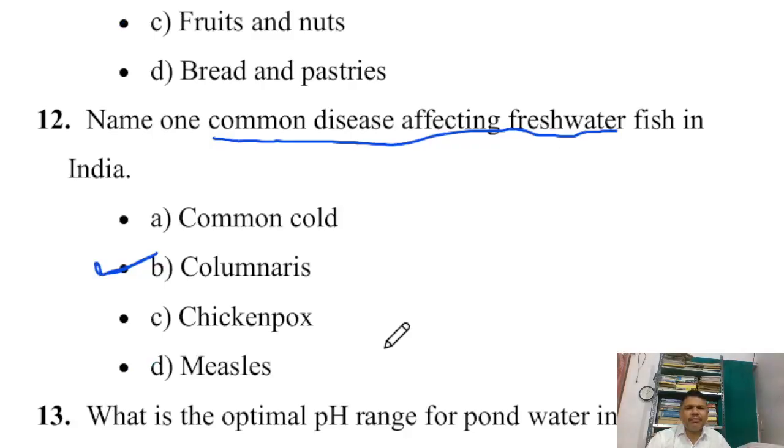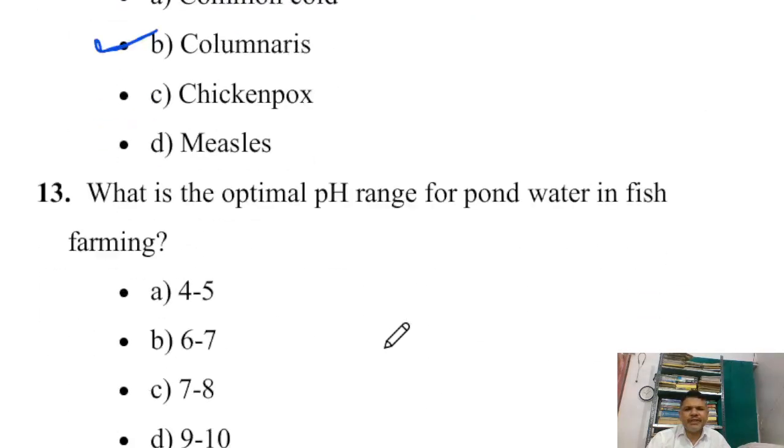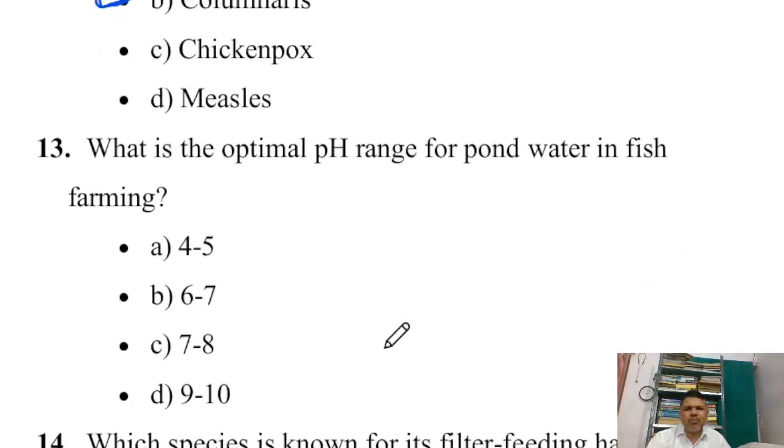Next one is, what is the optimal pH range for pond water in fish farming? The correct range of pH of water in a pond in aquaculture is about 7 to 8.5.